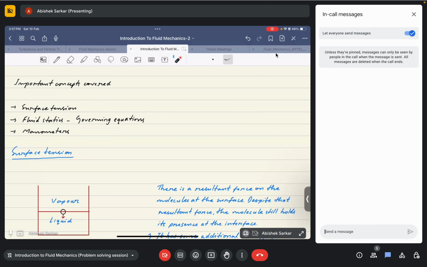There's always something written on the screen, but you can go ahead and find different explanations for the same. What is surface tension, or where are the instances that you come across surface tension in your day-to-day life? Can you please give an example or try to define the same?